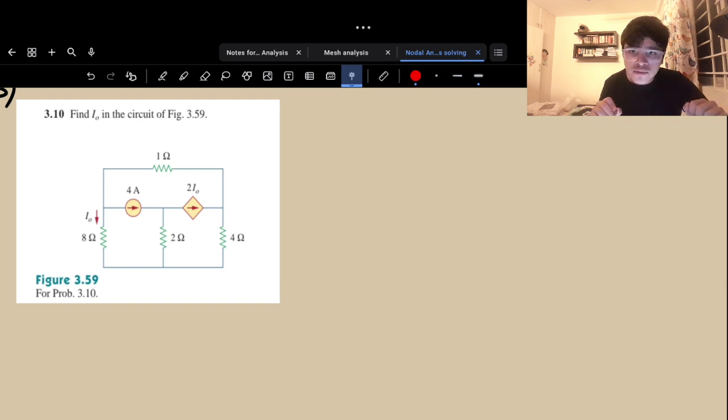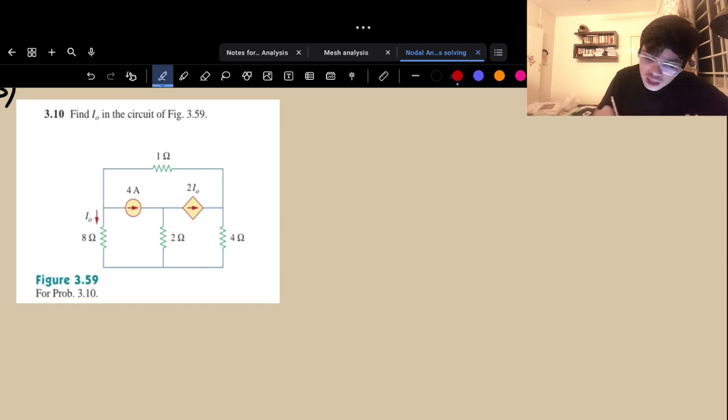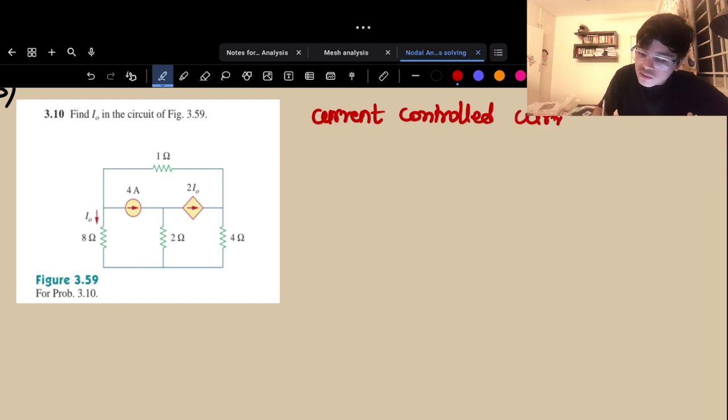So let me check the value of current, and it says something like 2 I naught. So you must have understood that the value of the current in this particular branch depends on some other current. So this is something called a current controlled current source. All right.